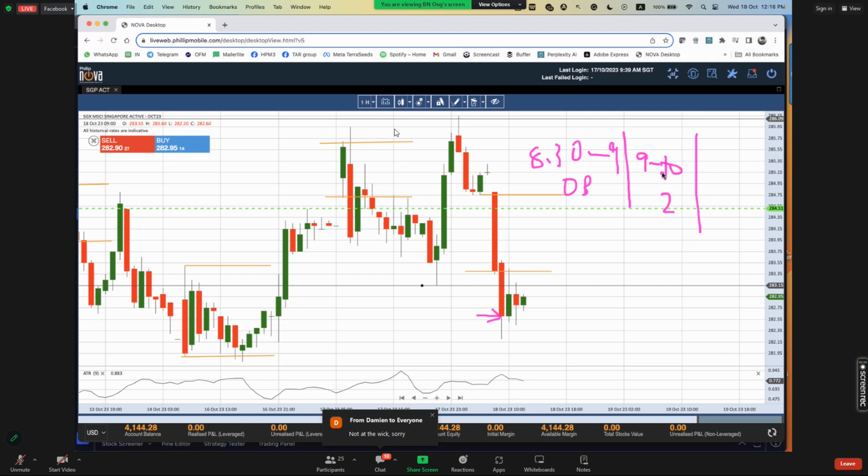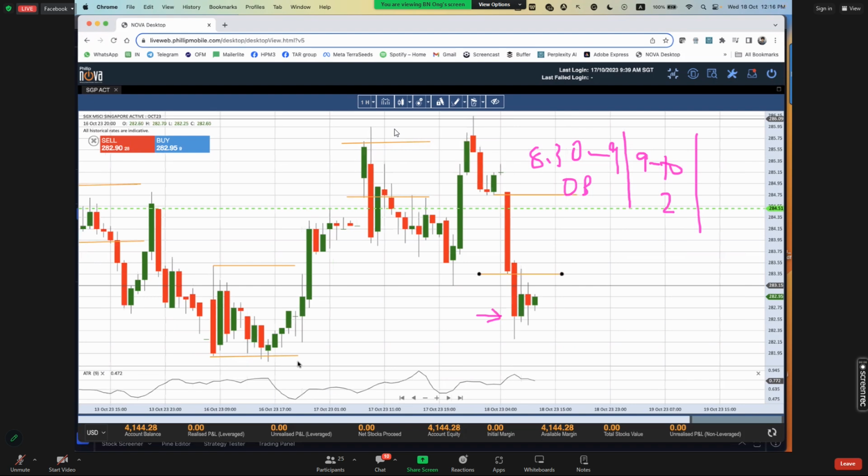Sometimes I didn't draw properly. Sometimes I take it for granted. It's obvious that that's the opening bar, so that's why I didn't draw properly.